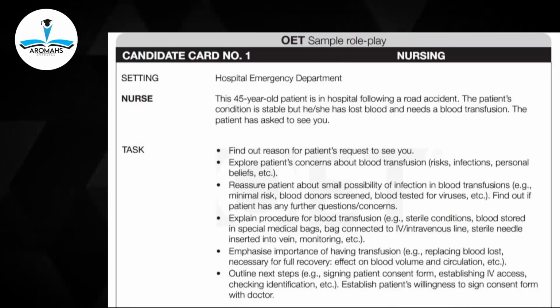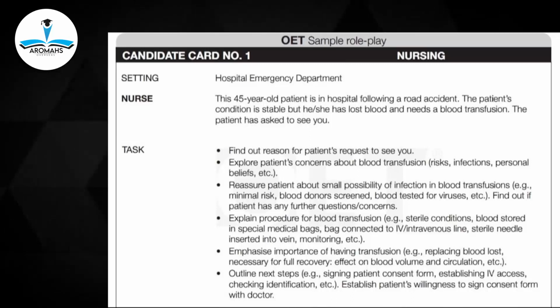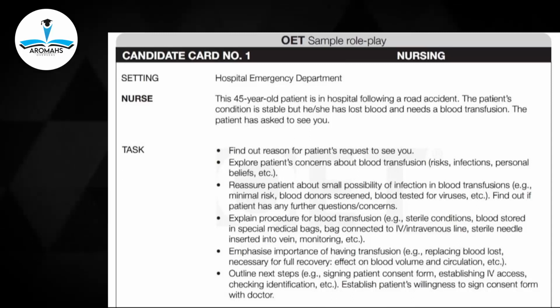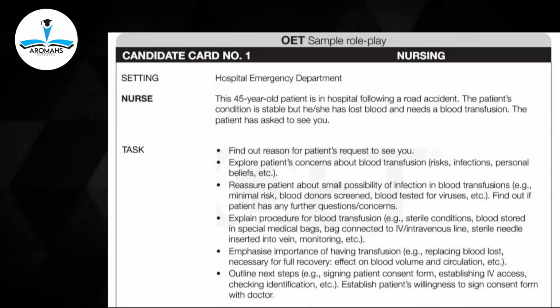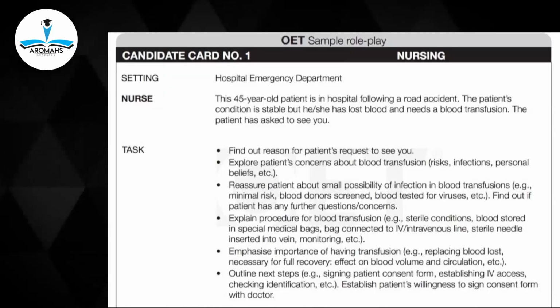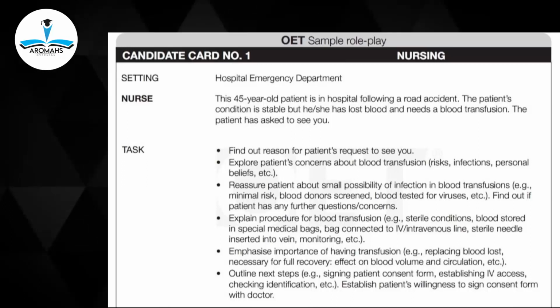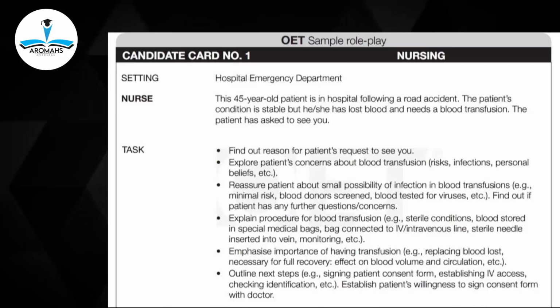The role play card explains the situation and what you are exactly required to do. If you have any queries about the content of the role play or how a role play works, you may ask for clarification before starting. This top paragraph contains background information about the patient and his or her situation.